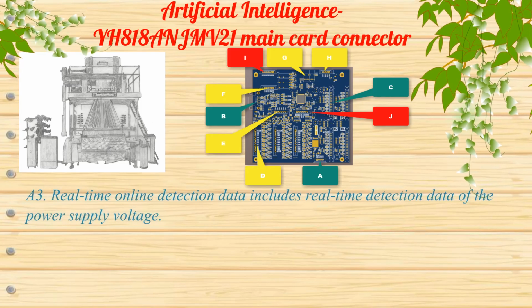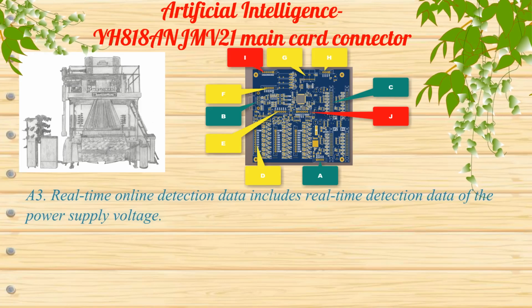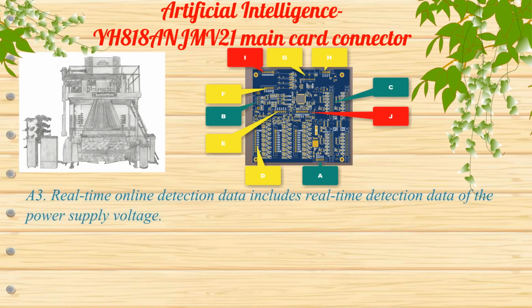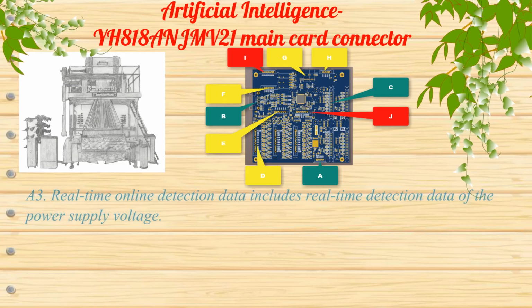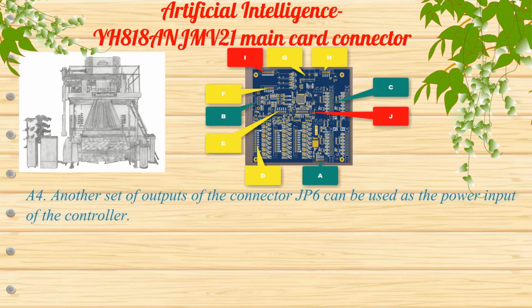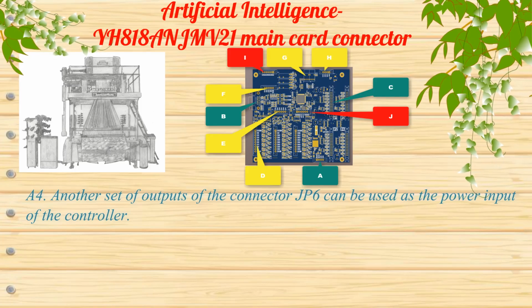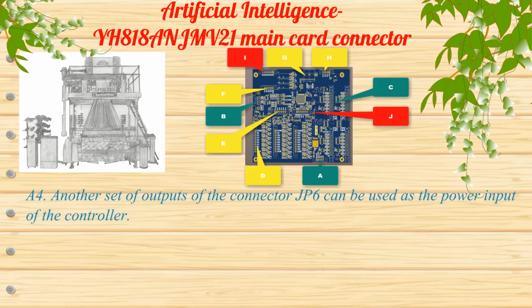A3. Real-time online detection data includes real-time detection data of the power supply voltage. A4. Another set of outputs of the connector JP6 can be used as the power input of the controller.